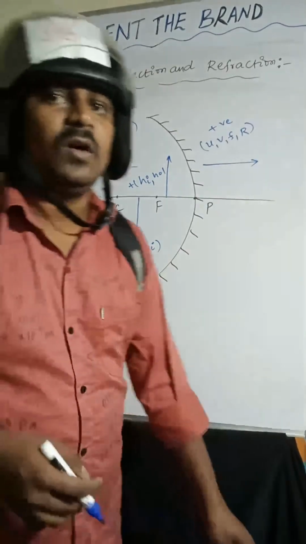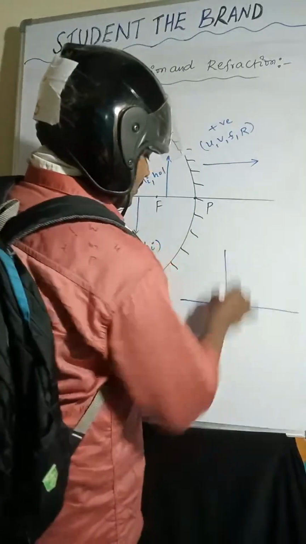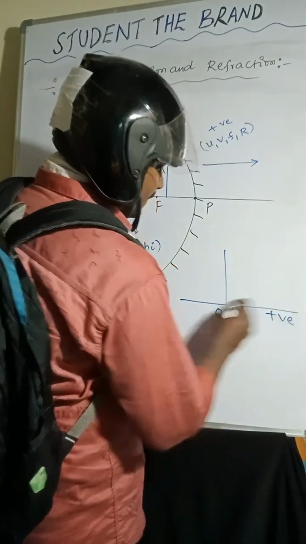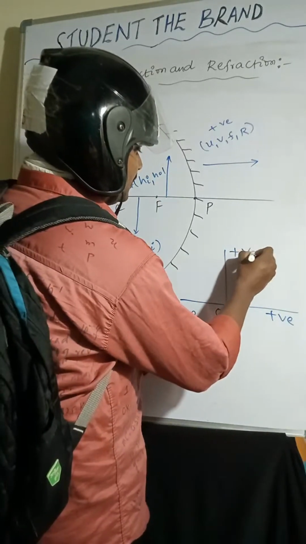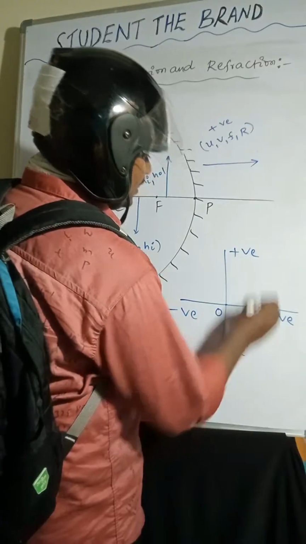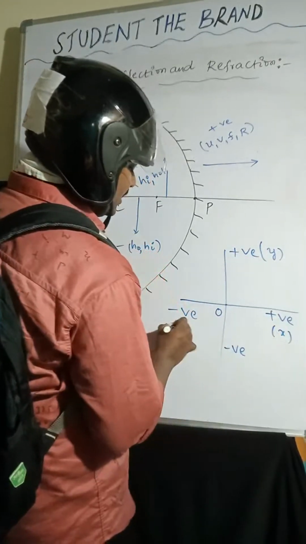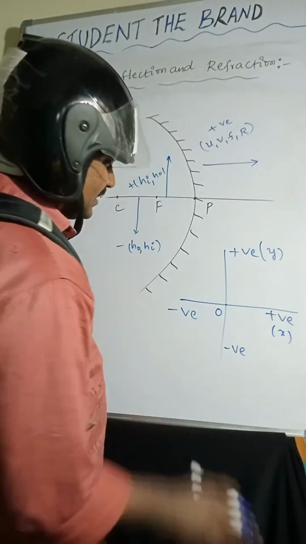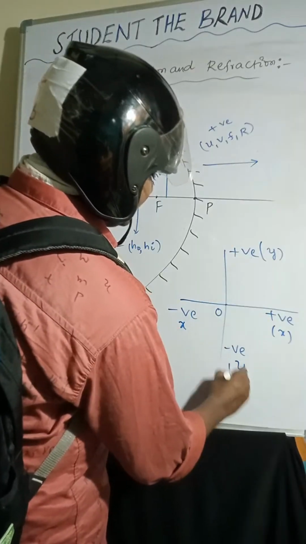As in a coordinate system, if you consider the origin, there is a positive x-axis, negative x-axis, positive y-axis, and negative y-axis.